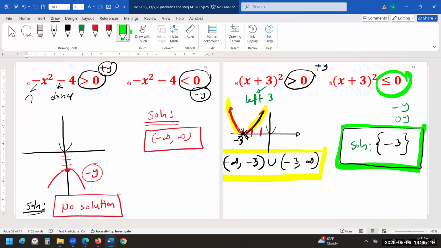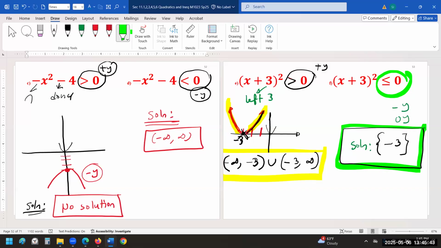But do you see any y value where the y is 0? Our y is 0 here, right? So which x value gives us that 0y? When x is -3. When x is -3, our y is 0. So this question has only one solution when x is -3.